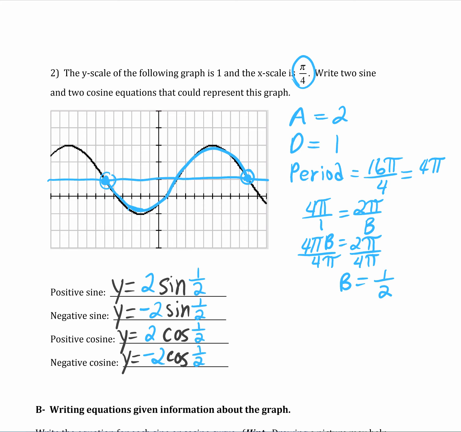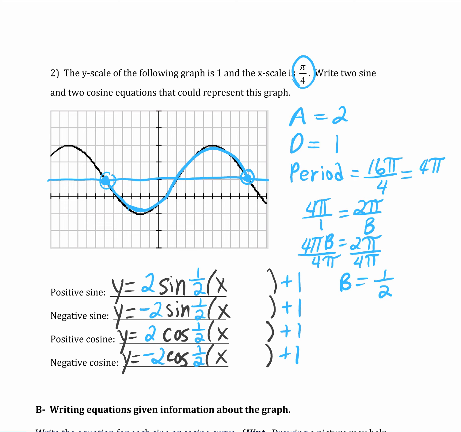So everything in blue that I'm putting in here repeats for every single function. Give myself some space to put in the phase shifts. It doesn't look like any of them will be at 0 this time, so I will need the space on all of them. And then our vertical shift was +1, so I'll put +1 on each of these. And then we'll go through the same process again to figure out our different phase shifts.